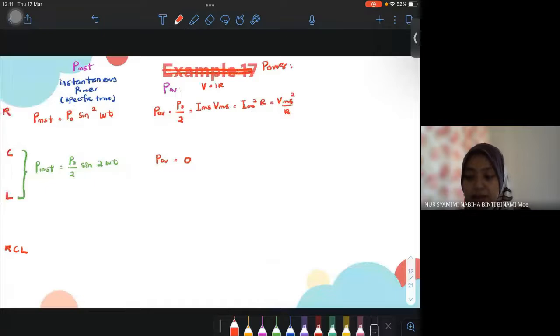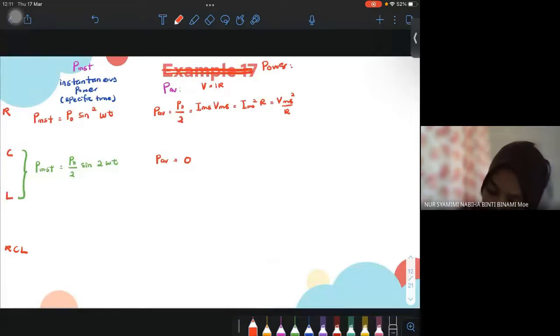So P average for an RCL circuit is the same as a pure resistor.